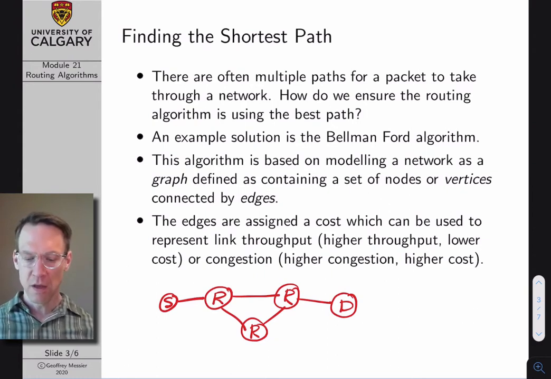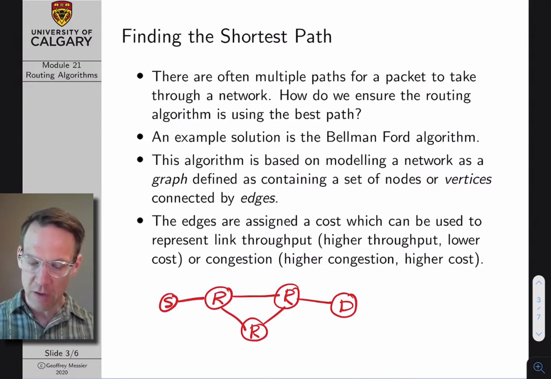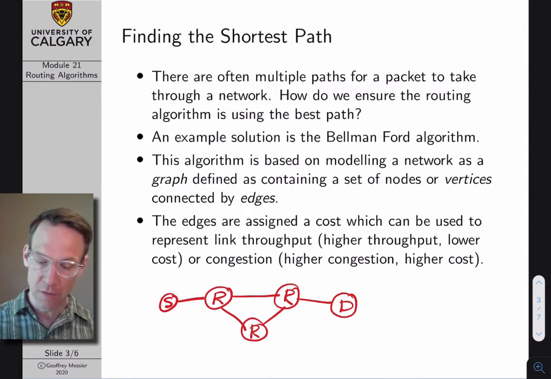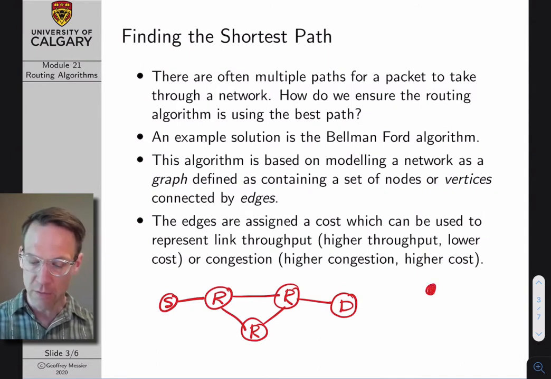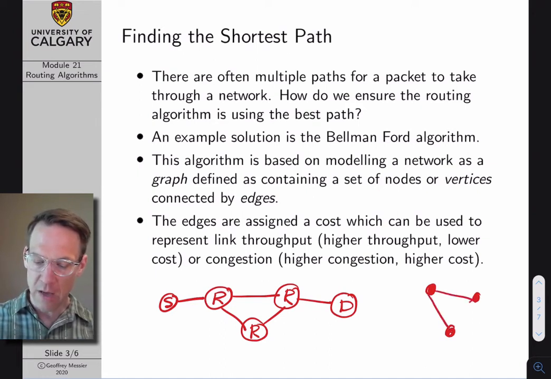So basically, the Bellman-Ford algorithm will do that for us. Now, the Bellman-Ford algorithm is based on this notion that we can represent a network as a graph. And a graph is essentially just a series of dots, which we call vertices, that are connected by lines that we refer to as edges.